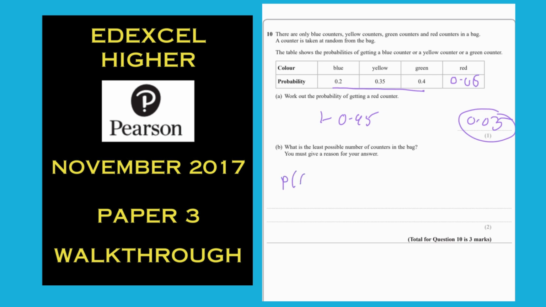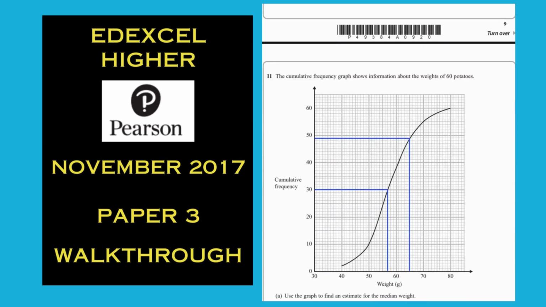Well, the probability of getting a red is 1 out of 20. That is 0.05 as a decimal. And if red is 1 out of 20, there's got to be 20 counters. That's the smallest you can be. Any smaller than that, you can't have a probability of a 20th.